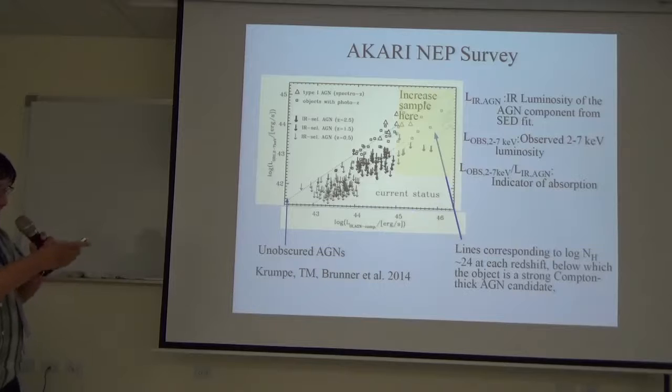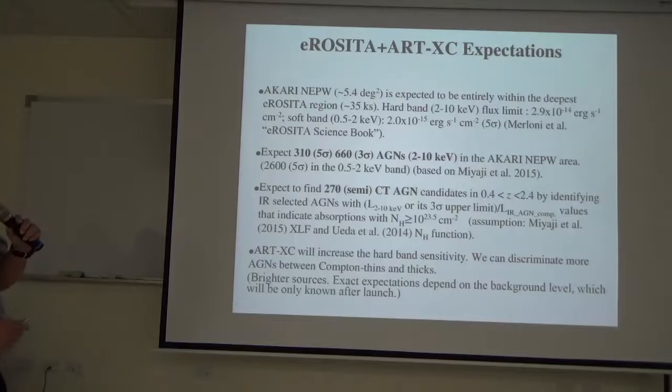Here are some prospects, and especially we expect to find 270 semi-Compton-thick AGN candidates under a certain model. This is an expectation because they are not only the X-ray sources themselves, but rather the infrared-detected AGNs with upper limits in X-rays.